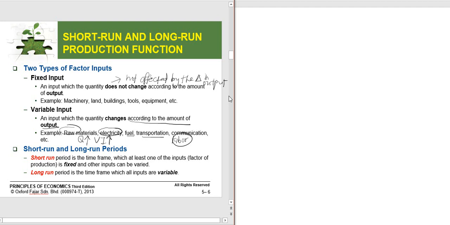So now, what is the difference between short run production and long run production? Short run production is a shorter time frame in which there will be at least one input which is fixed and the other inputs can be varied.